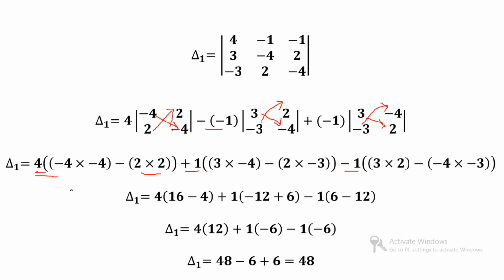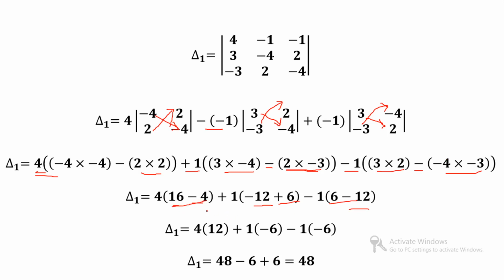So that is 4 as it is, minus 4 into minus 4 plus 16, 2 into 2 is 4, again minus sign, so that is the minus 4. 3 into minus 4 is equal to minus 12, minus 3 into 2 is equal to minus 6, but this is again minus, so minus minus plus 6. Again 3 into 2 is 6, minus 4 into minus 3, that is equal to plus 12, but again minus sign over here, so that is equal to minus 12.